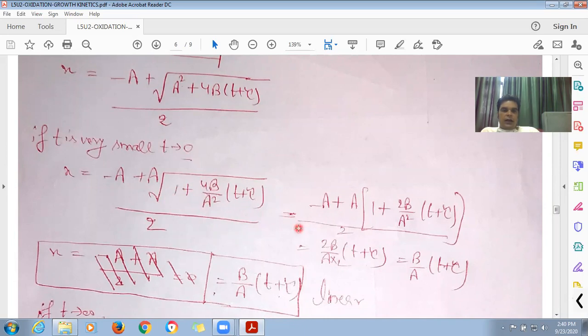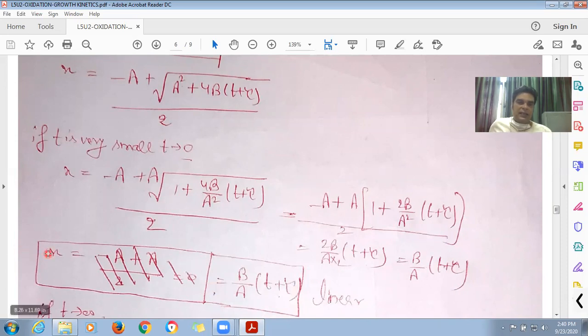So I can apply the expansion rule, that is 1 plus x raised to the power n will be equal to 1 plus nx if x is very less than 1. The same rule I am applying here, so that will be 1 plus 1 by 2, the square root into this term. So if I simplify this, I will get b upon a into t plus tau.